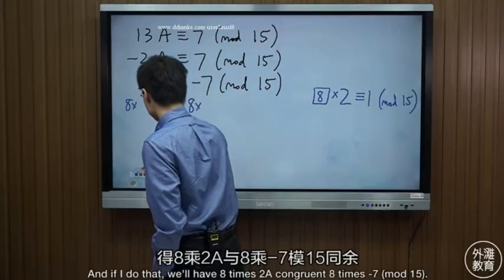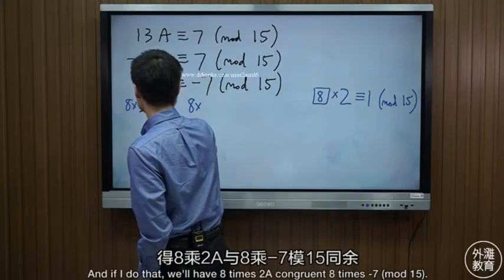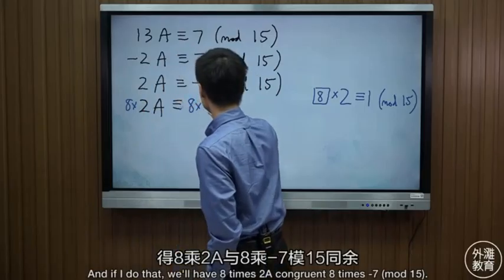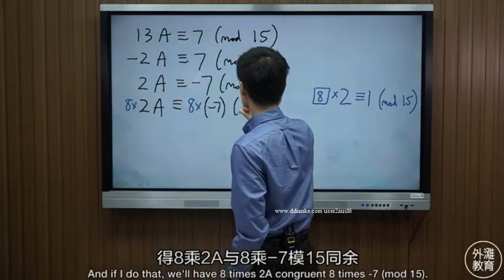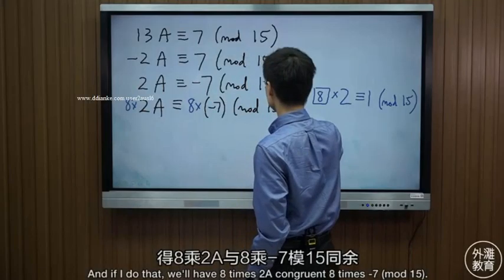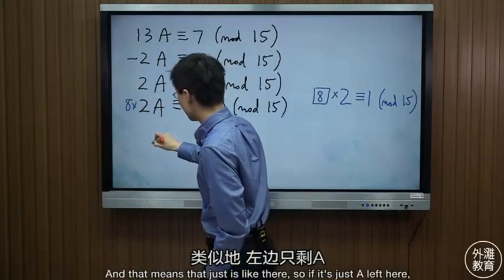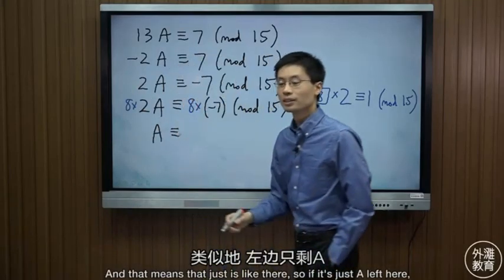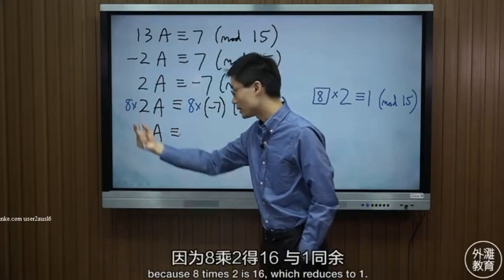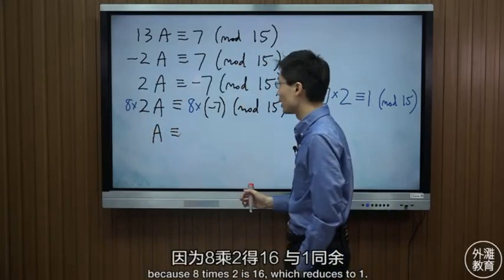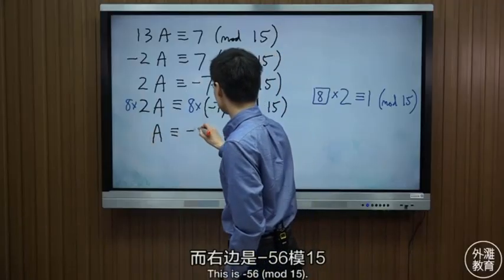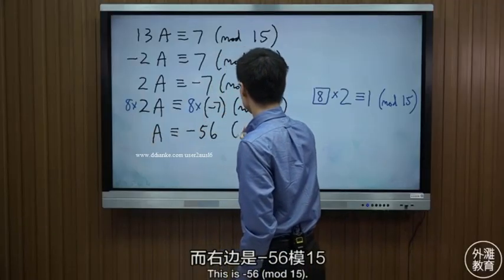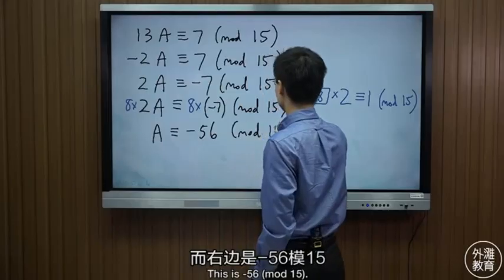And if I do that, I will have 8 times 2a congruent to 8 times minus 7 mod 15. And that means that just a is left here, because 8 times 2 is 16, reduces to 1. This is minus 56 mod 15.